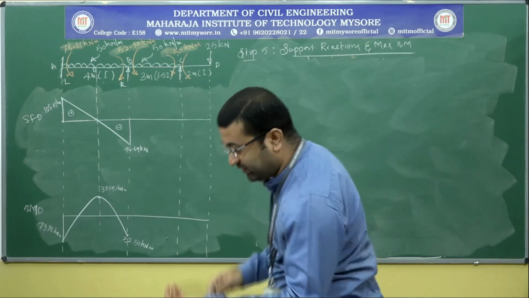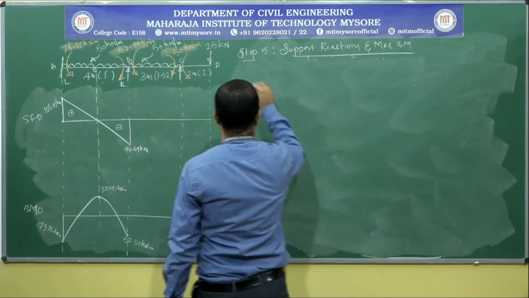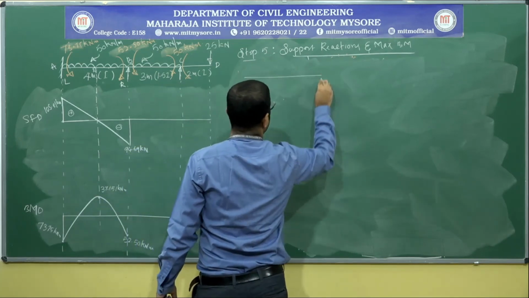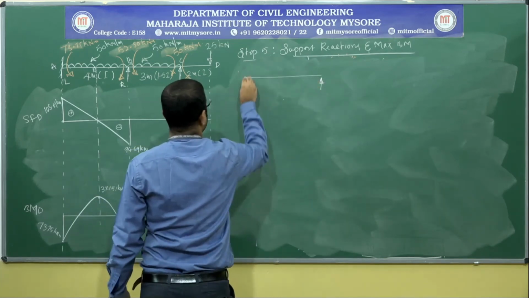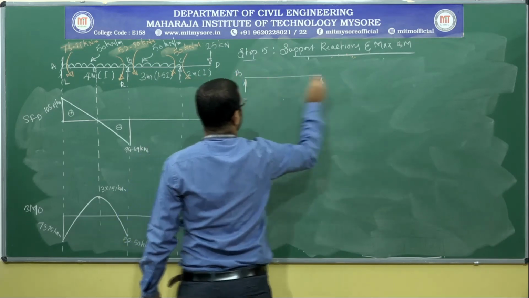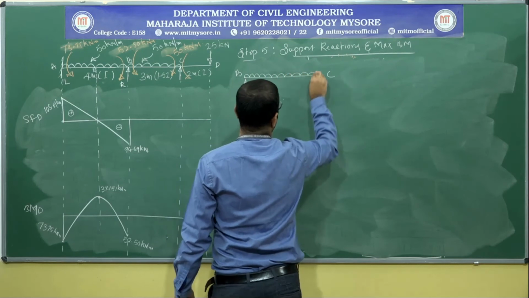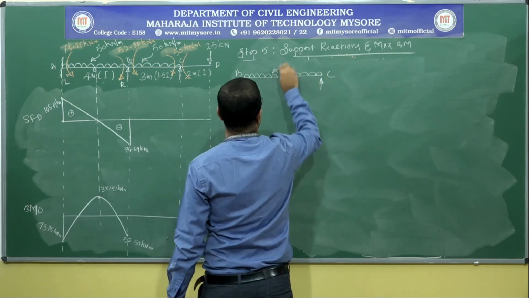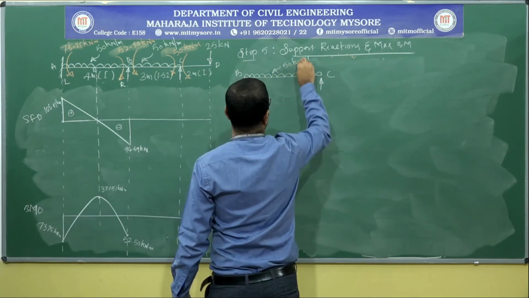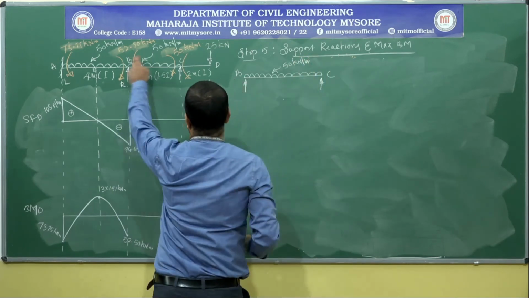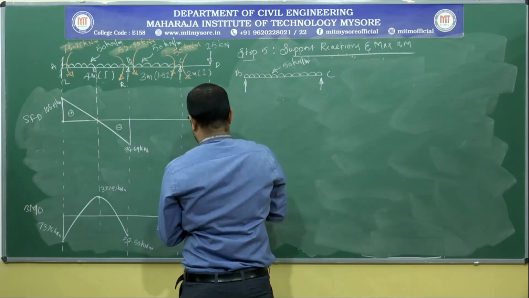Now let me draw the free body diagram of the span BC. On span BC we have a UDL again, which is of 50 kilonewtons per meter. Apart from this UDL we have two bending moments.